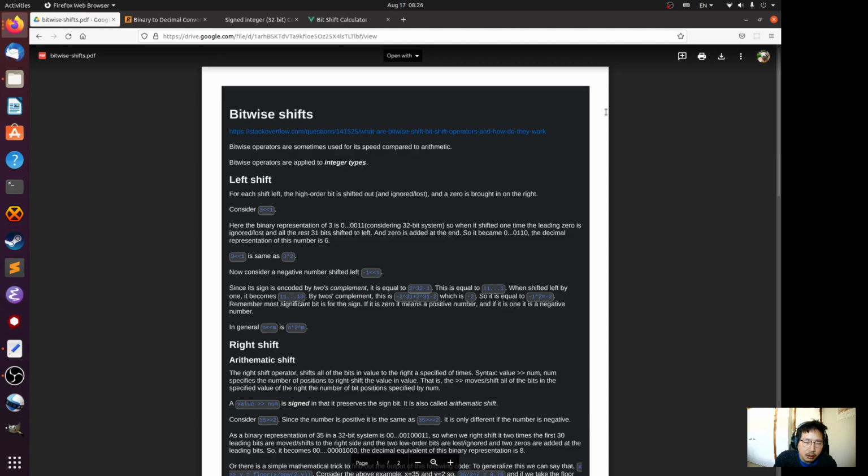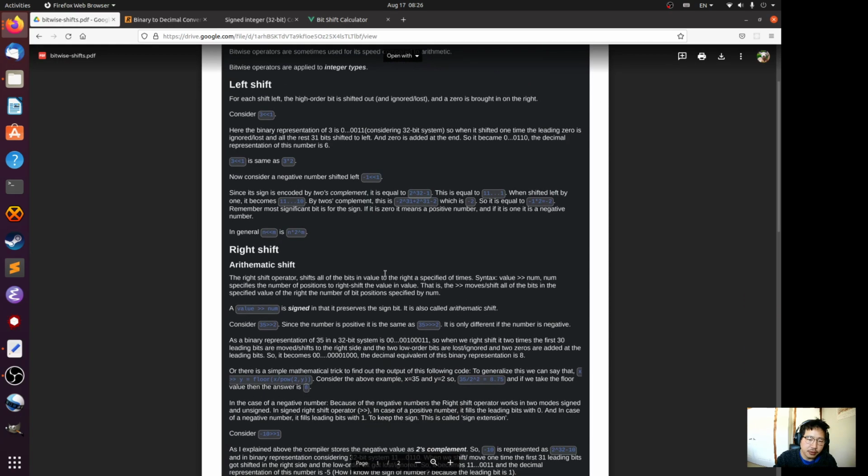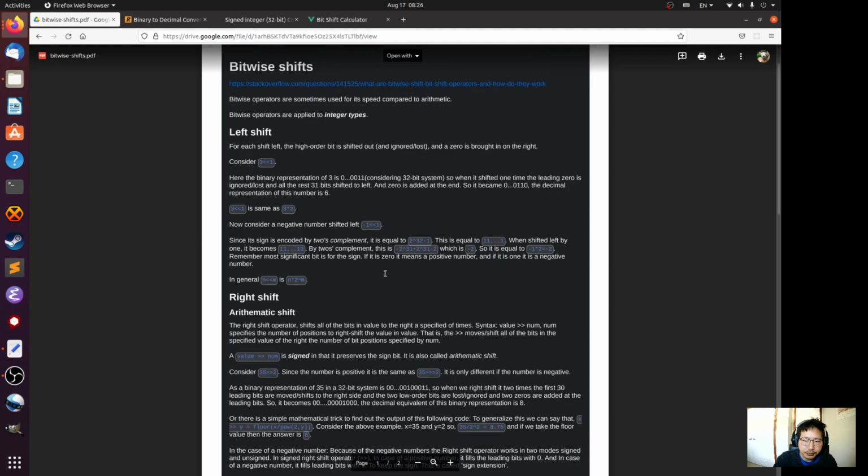Let's go through the left shift first. Let's imagine a 32-bit number. So that is a number represented by 32 bits. In a left shift operation, you're shifting all the bits to the left by some amount.